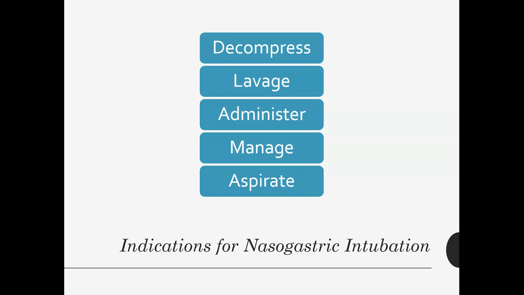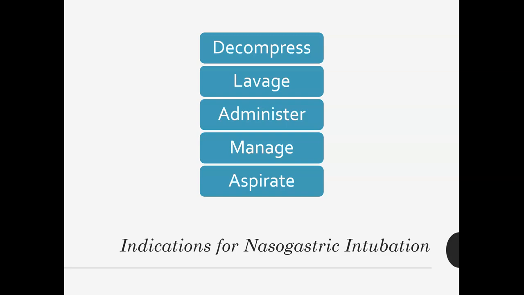Okay, so some different indications for nasogastric tubes. We can use it to help decompress the stomach. So if somebody has had abdominal surgery or they have maybe some kind of bowel blockage and their stomach is very distended, we can hook it up to suction to help decompress.